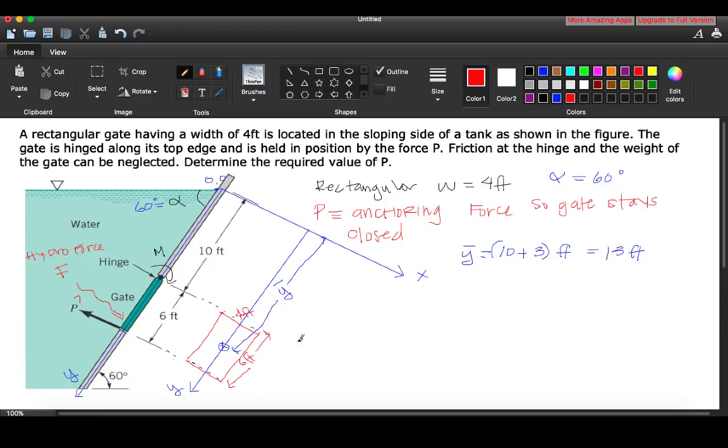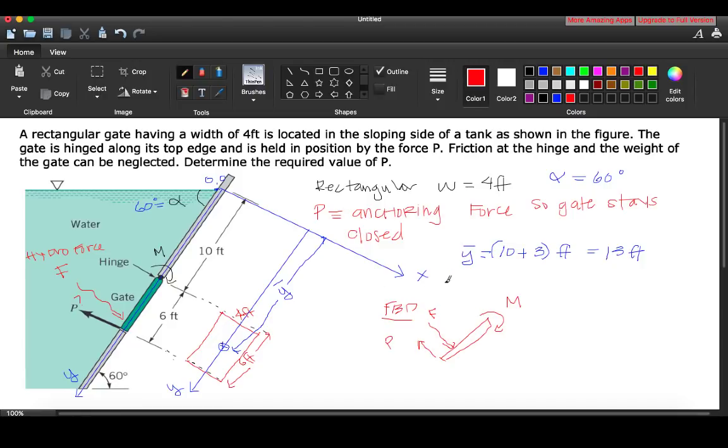Okay, so if we look at it from a free body diagram perspective, so drawing the free body diagram, okay, so here we have our gate, what do we have? We have a force, P. We have our hydrostatic force. We have our moment. Okay, so we're trying to find P. So what is true about this situation?